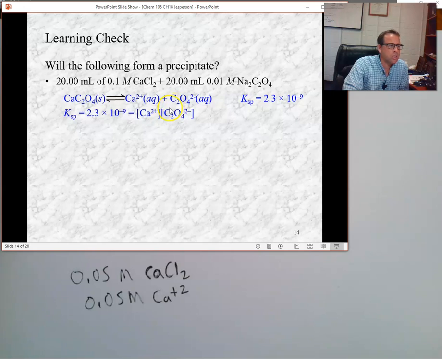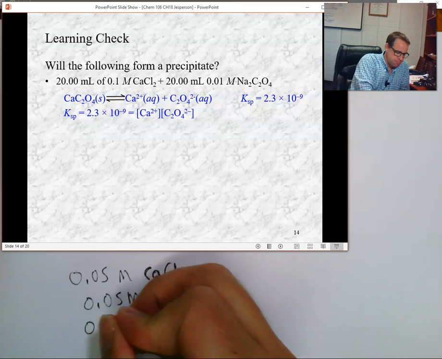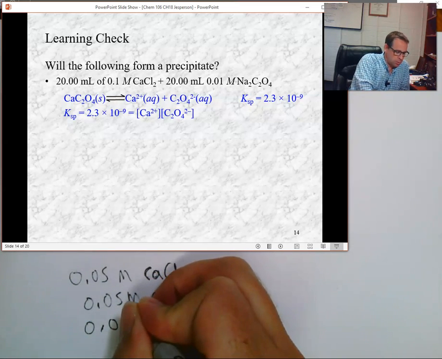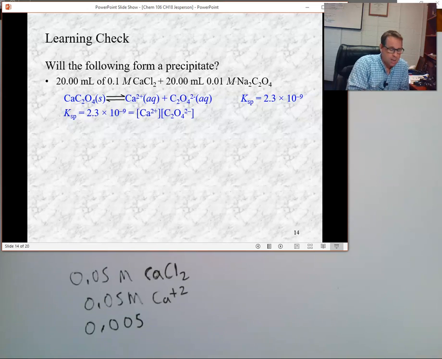Carboxylate ion concentration. Brielle, can you help me with the concentration of the carboxylate at equilibrium here? So you would take the 0.01 divided by 2? That's right. 0.005, right?